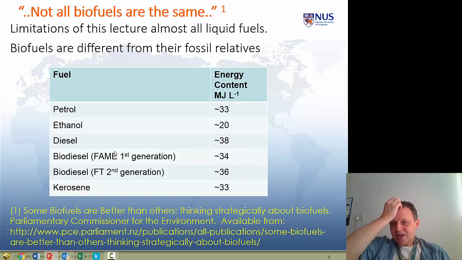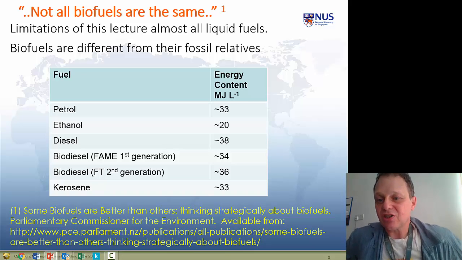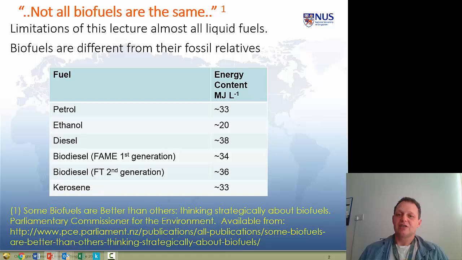Now, some definitions which it's probably worth handling now. If you hear first generation biofuel, that means biofuel which is obtained directly from food crops. That includes fermenting starch for ethanol, and they're all first generation.